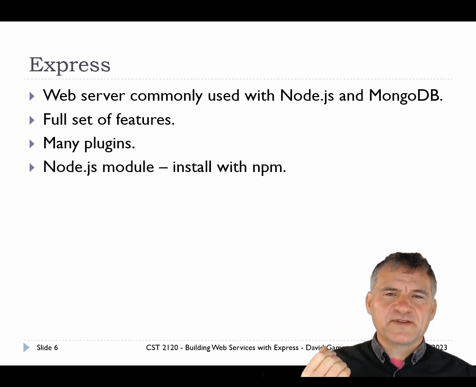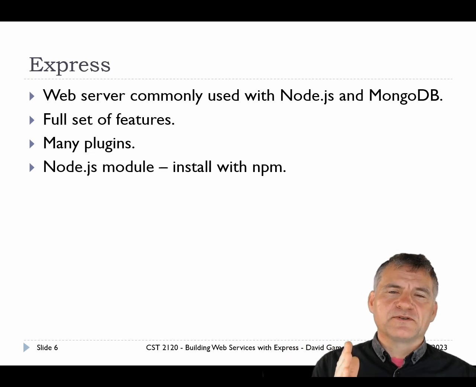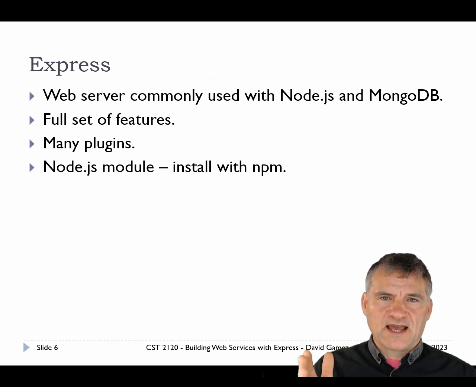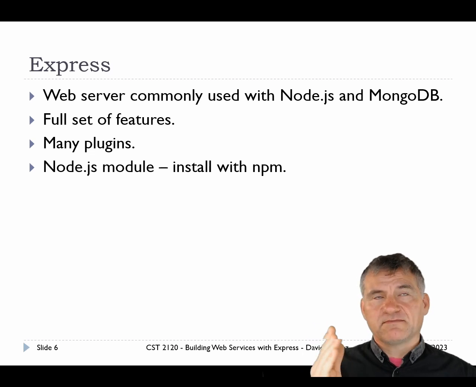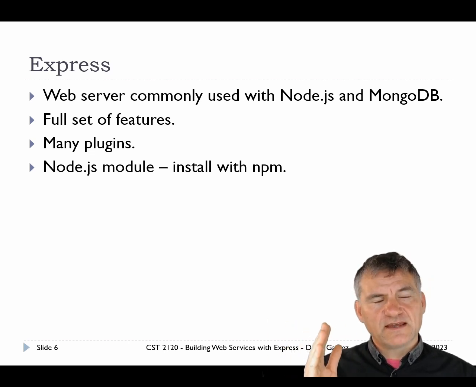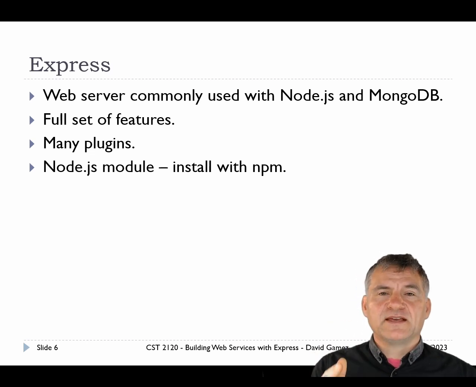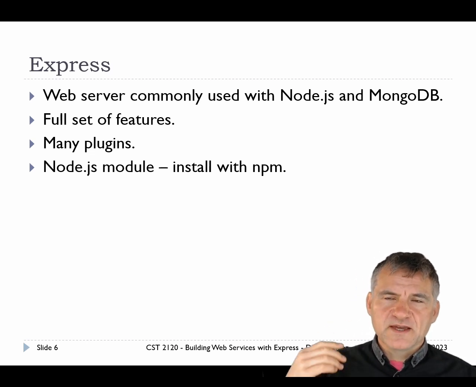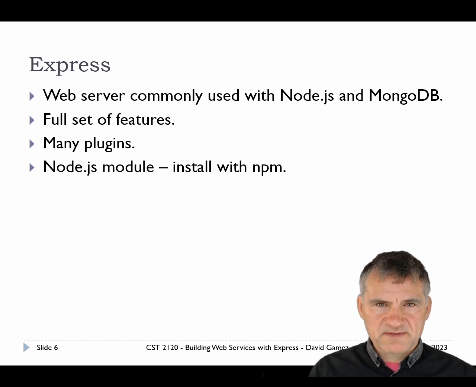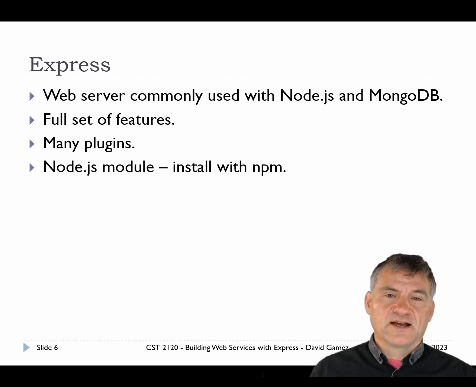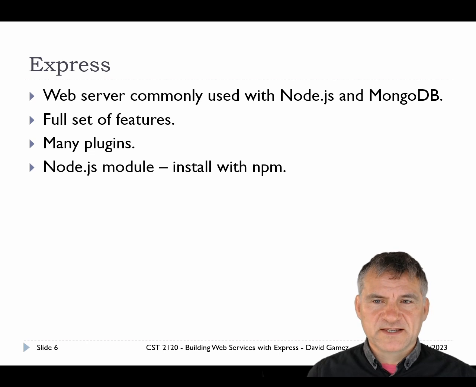Then people moved over to what's called the MEAN stack, which is MongoDB, Express, Angular, and Node. Not really covering Angular in this module, but we are covering MongoDB, Node, and Express.